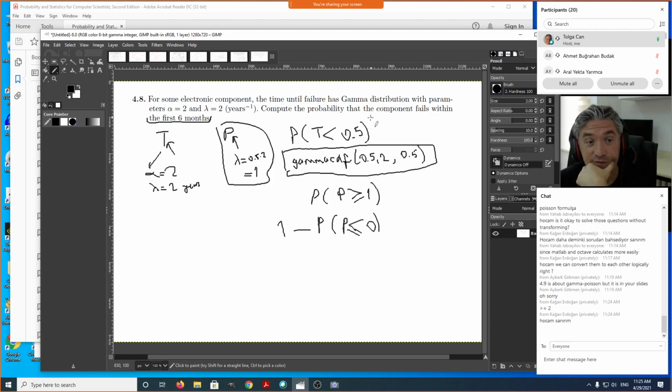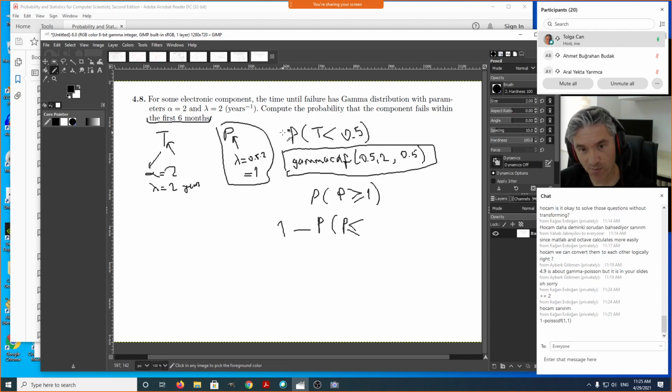Oh, the component fails within the first 6 months. I forgot that alpha is 2. In the gamma Poisson formula, in order for the component to fail, there should be 2 failures. That's really important, not 0 failures. In order for the component to fail within the first 6 months, we should have 2 or more failures within 6 months.